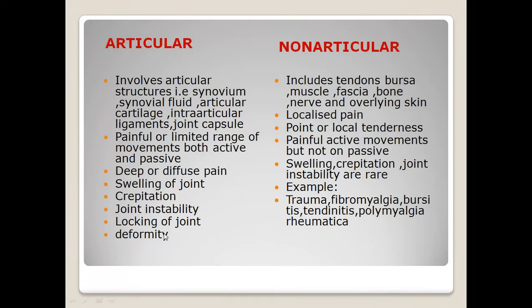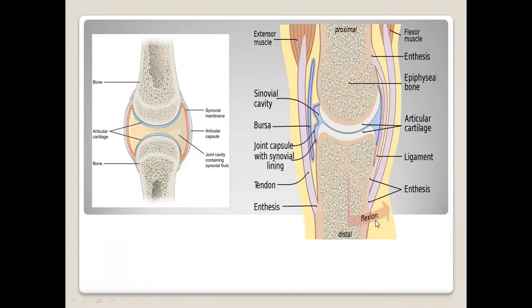That is called locking of joint. Whereas in non-articular conditions, swelling, crepitation and joint instability are very rare. The examples of non-articular joint conditions are trauma, fibromyalgia, bursitis, tendinitis.